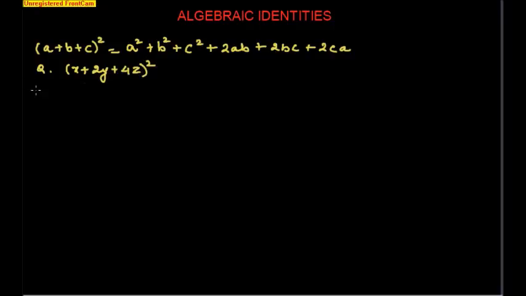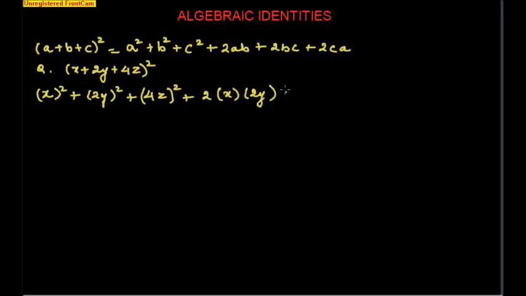If I apply the above identity, I get x² + (2y)² + (4z)² + 2 into x into 2y + 2 into 2y into 4z + 2 into 4z into x.